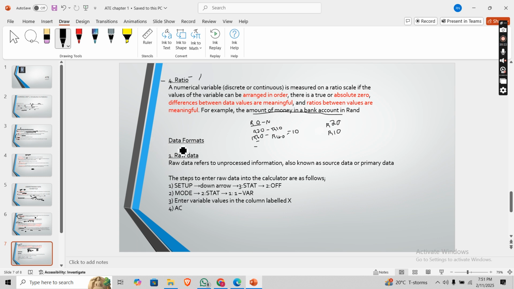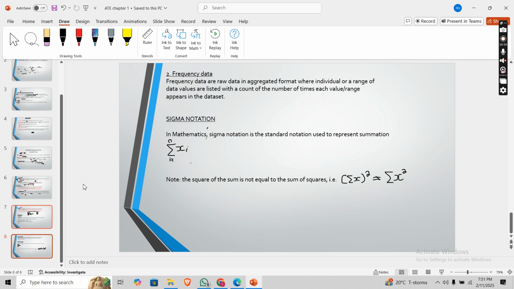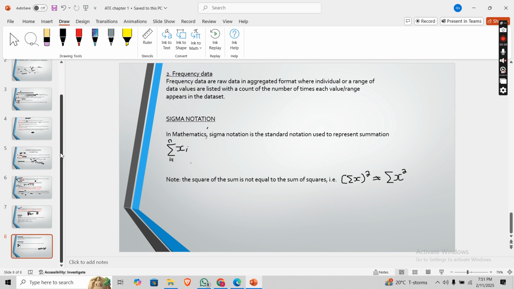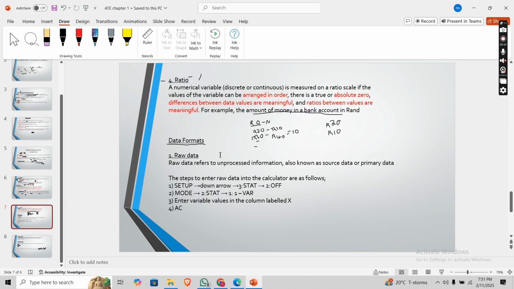Then the next topic, or second last topic, is about data formats. We have two types of data formats. Number one, we have raw data, and number two, we have frequency data. So what's the difference between raw data and frequency data?